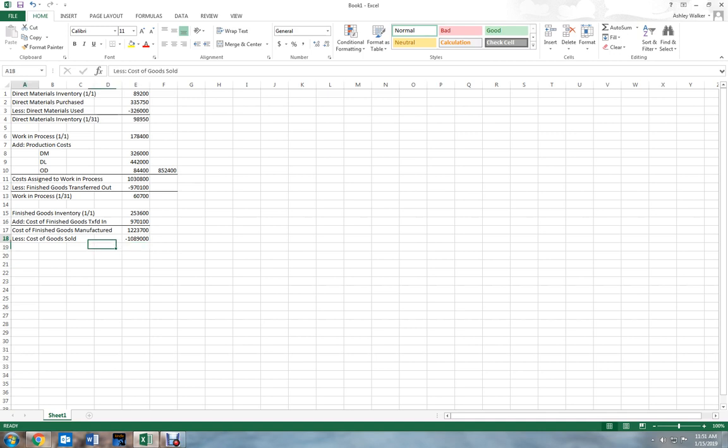Okay. So the difference between those two has to be what I have left over in my finished goods inventory. We don't have to type that out again. So as of January 31st, my ending finished goods inventory is the difference between what I produced, what I finished up during the period, less what I sold.